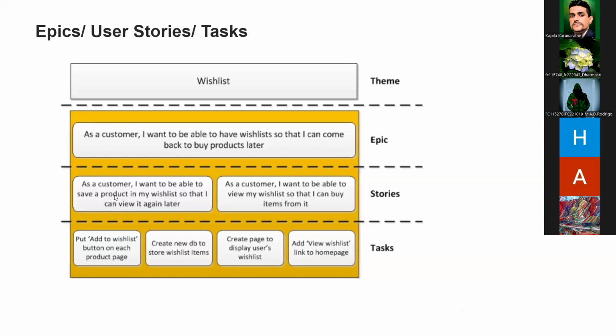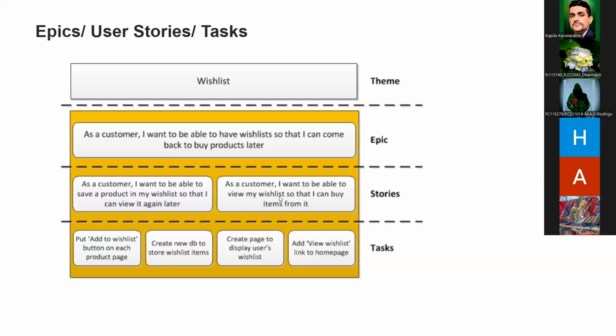Inside that you can have multiple stories. The first one is: as a customer, I want to be able to save a product in my wish list, whatever he wants to buy later. The other story is: I want to be able to view my wish list so I can buy from it.